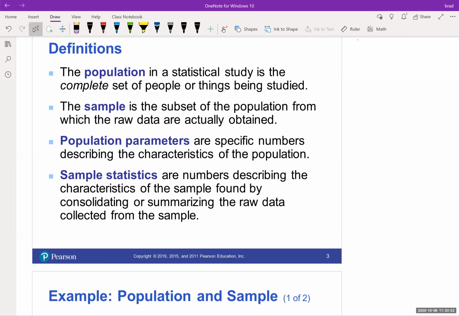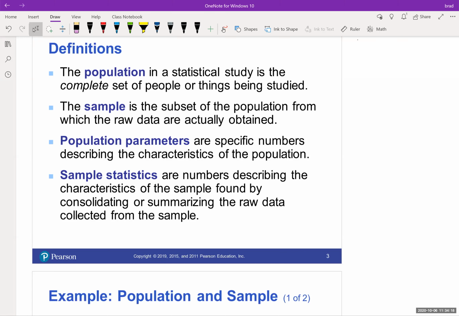So you could say an example, all the babies born in the United States. Okay. So technically, when they say all the babies born in the United States, that's the population. They want to know the population of all the babies born. Then what they're going to do probably is in a study, they're going to take a part of or a sample of the babies born, okay, from the population. However, you could think about it differently.